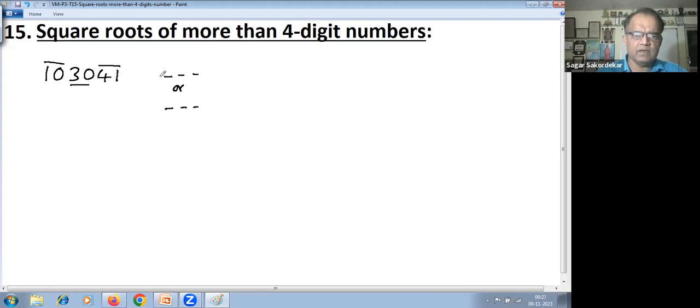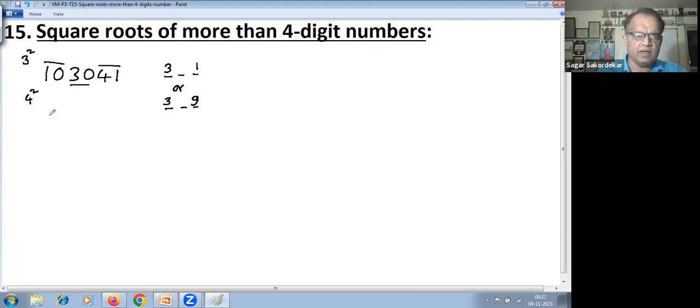Based on the last digit here, we determine the last digit of the square root. Square root of 1 is 1, complement of 1 is 9. And based on this, we define the first digit. 10 is between 3 square and 4 square. 3 square is 9, 4 square is 16. So it is between 9 and 16, so the lower side is 3. Only now the middle digit you have to find.